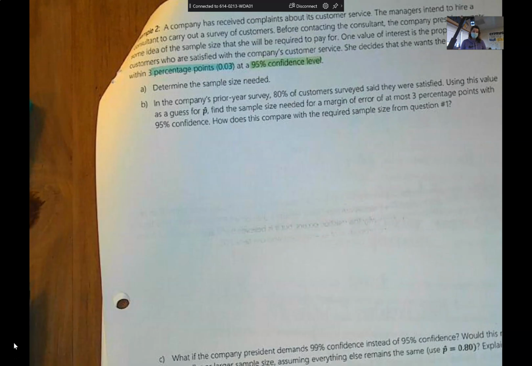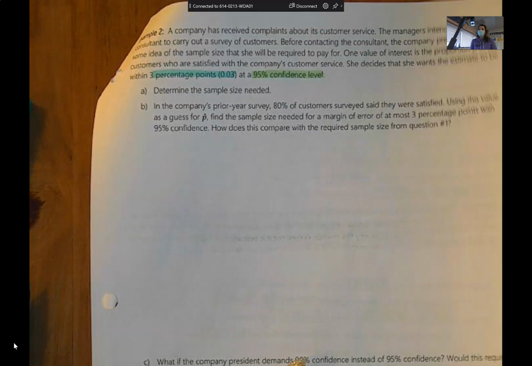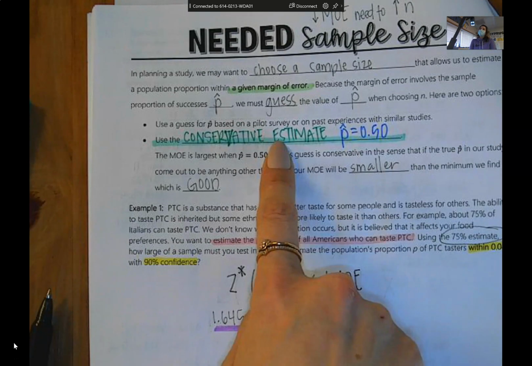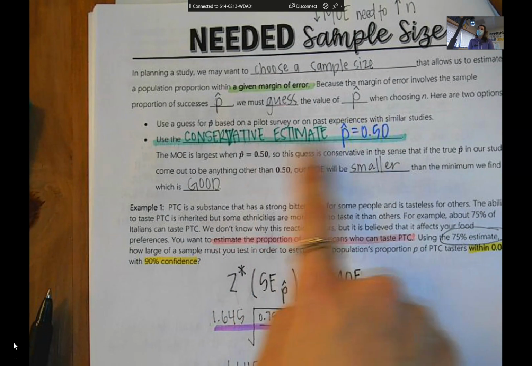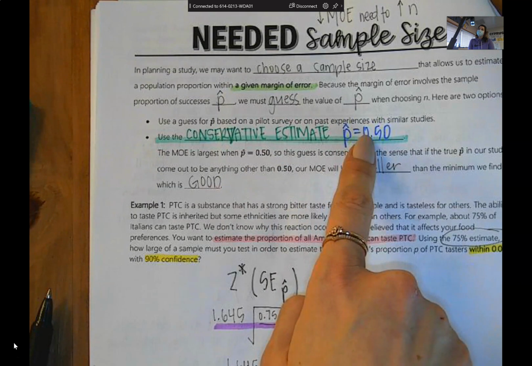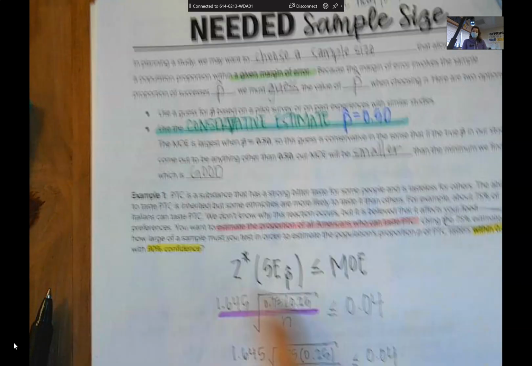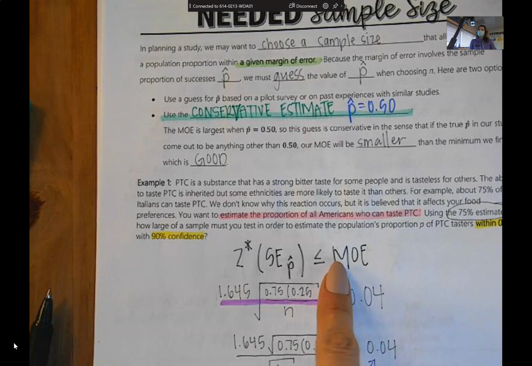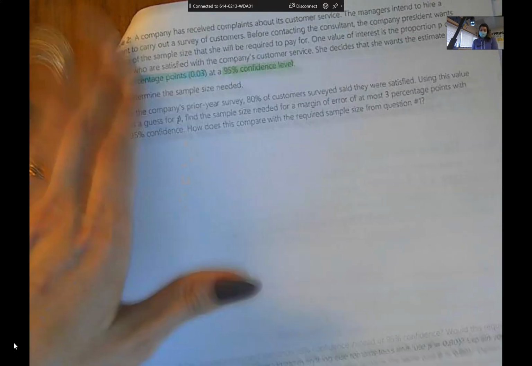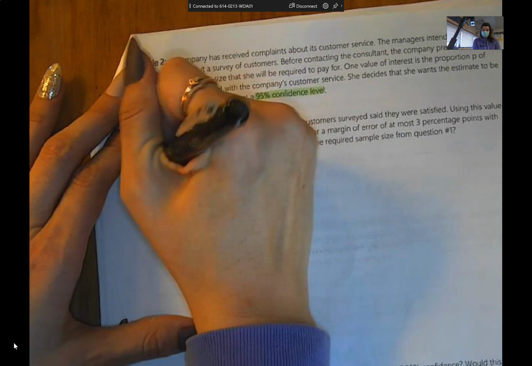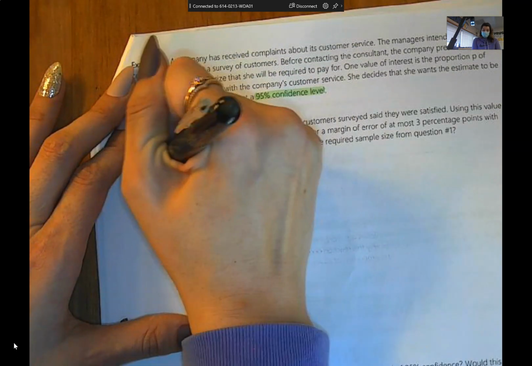They just say determine the sample size needed. So that means we can use the conservative estimate of 0.50. We set it up exactly the same. The critical value for 95% confidence is 1.96.